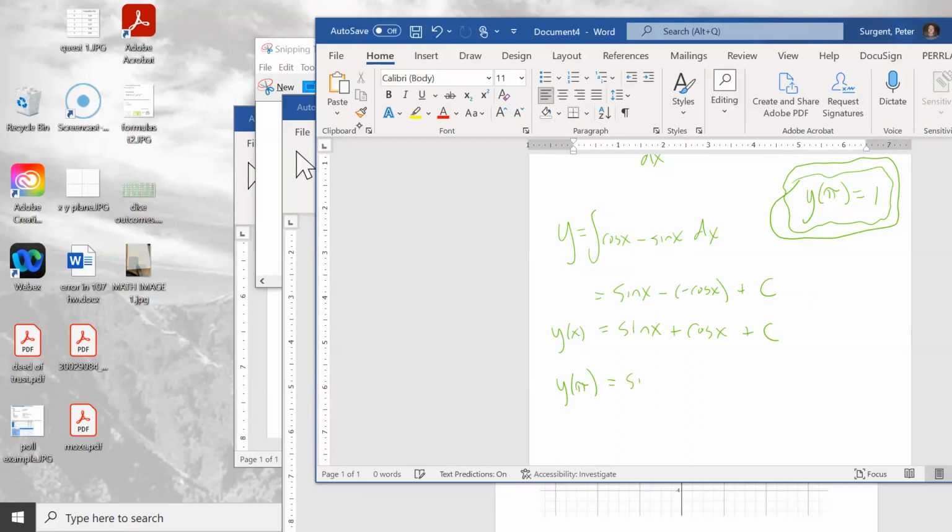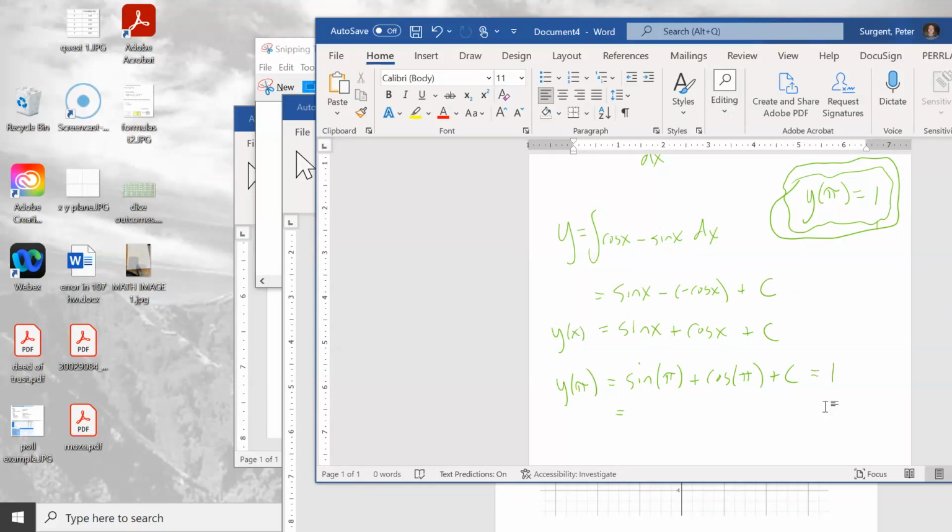Very good. You're right. You're plugging in the x value of pi and trying to find C, right? And remember, the y value here is 1.